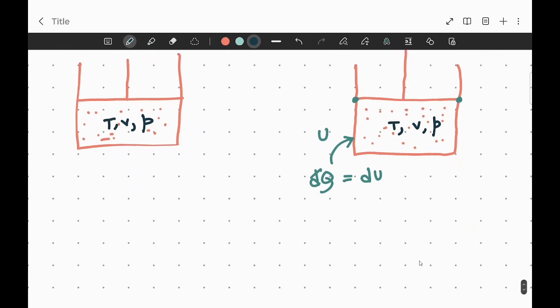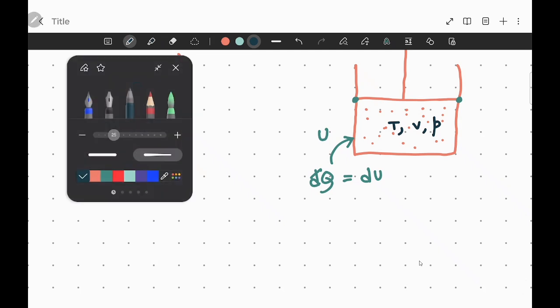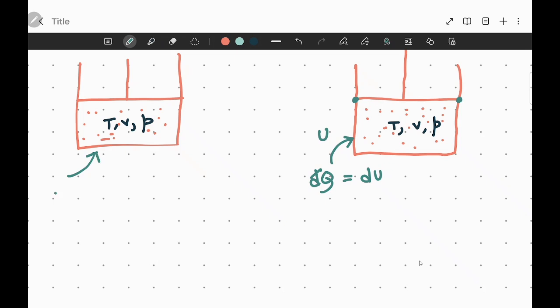Now here you are giving heat to increase the temperature, but here you see dU plus PdV. Some work is done because now the piston is lifting, as the volume is not fixed. You have to keep the pressure constant, so the piston will be uplifted and the volume will increase.